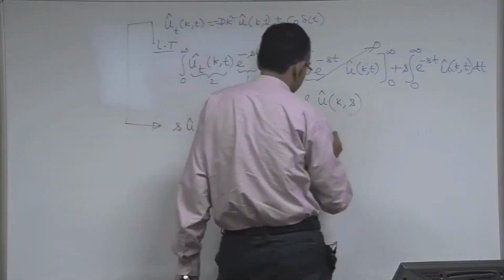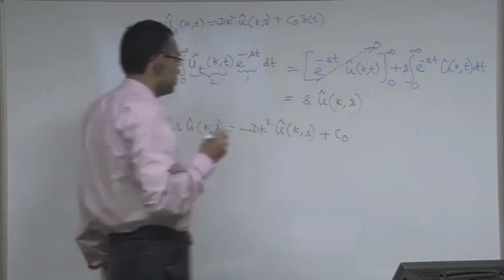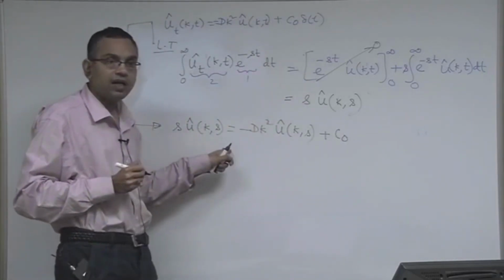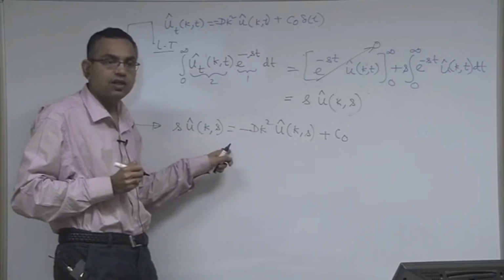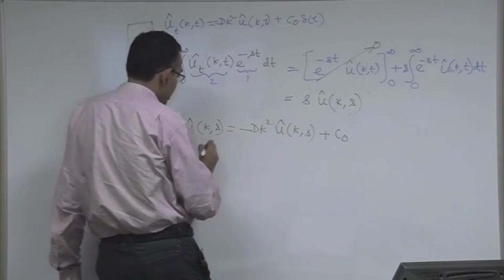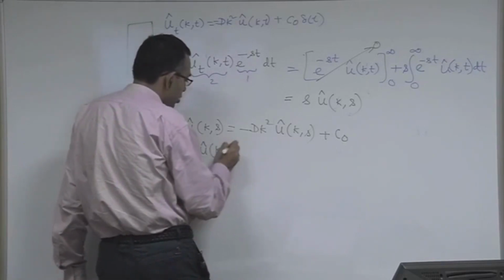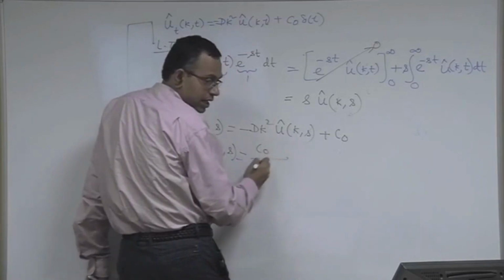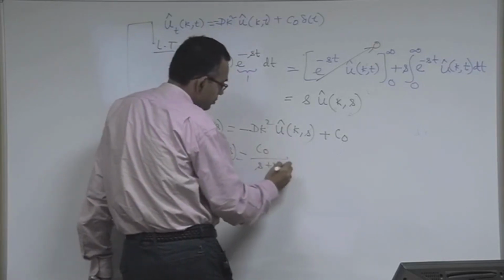So see, eventually after these two transforms you get a simple algebraic equation. So you will get u bar k s, sorry u hat k s is equal to C0 by s plus d k square.